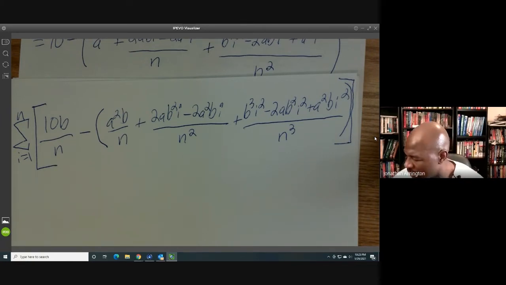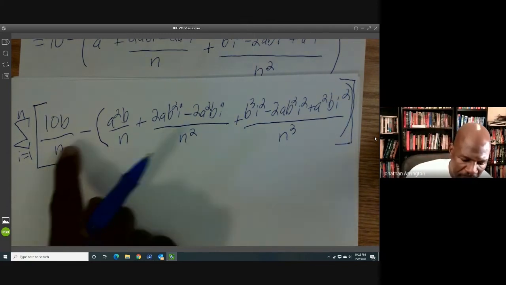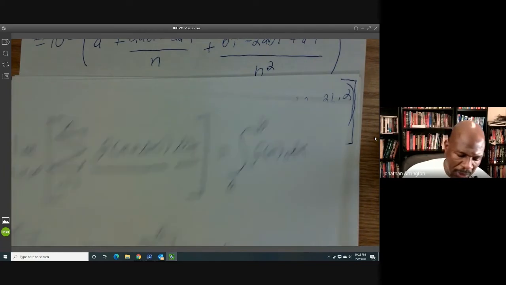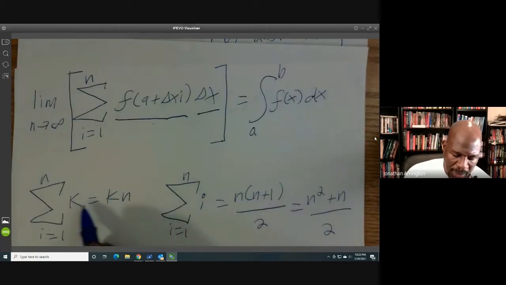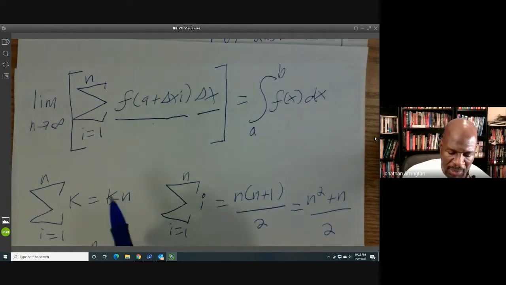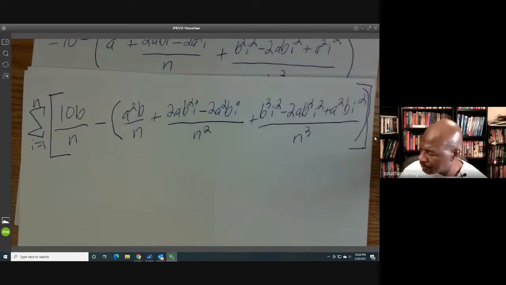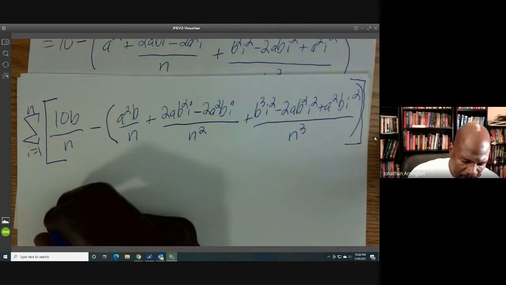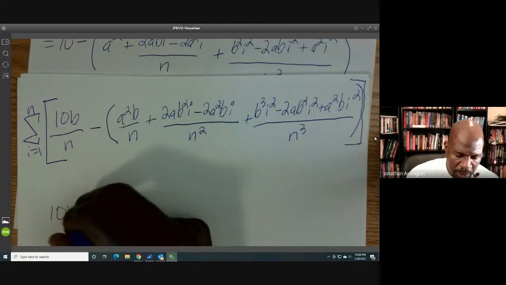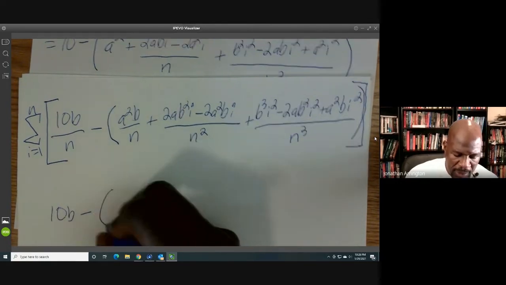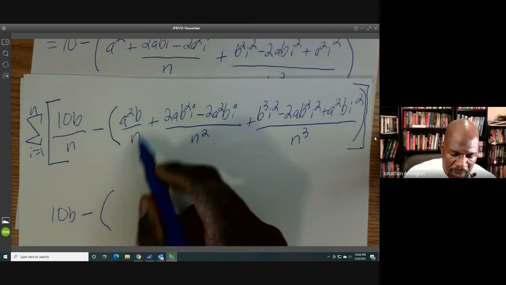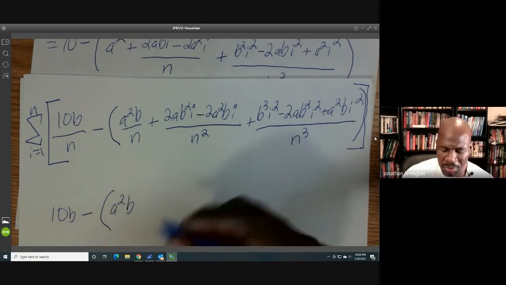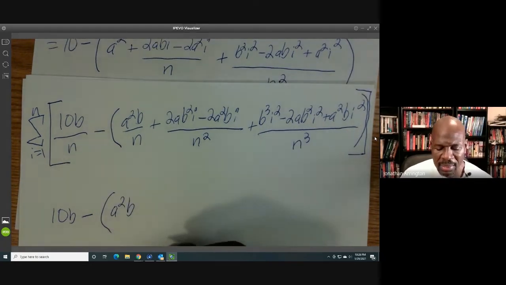And so let's go. For these first two terms here, these are constants. So I'm going to be using this rule: when I take the sum of a constant, it's just that constant times n. So if I do 10b over n, I'm just going to get 10b because I'm multiplying by n. If I do a squared b over n, I'm just going to get a squared b because I'm multiplying by n.